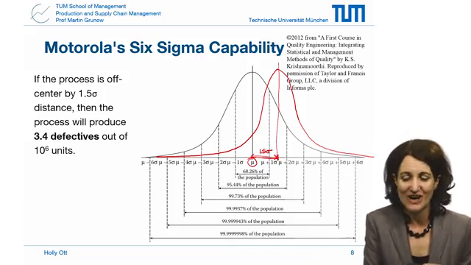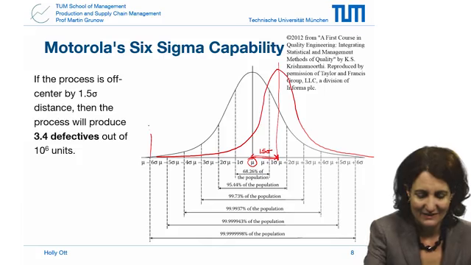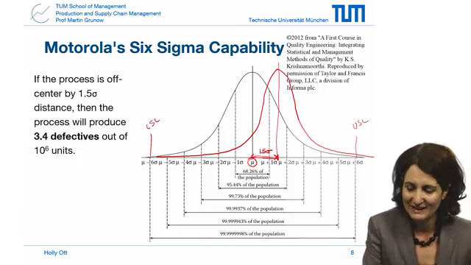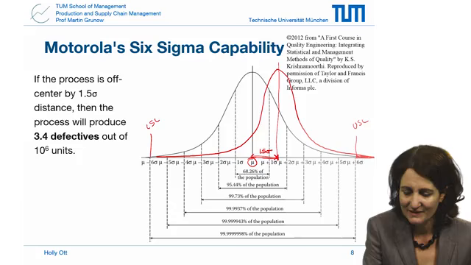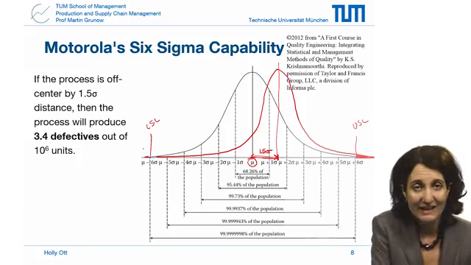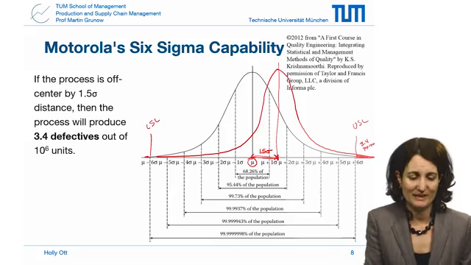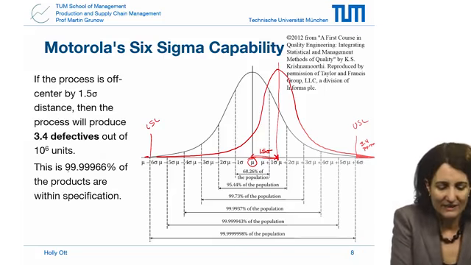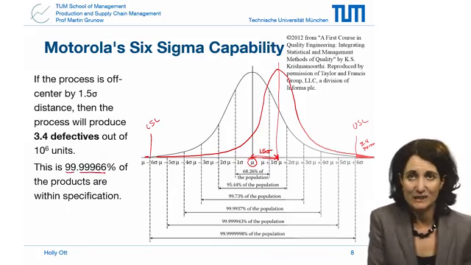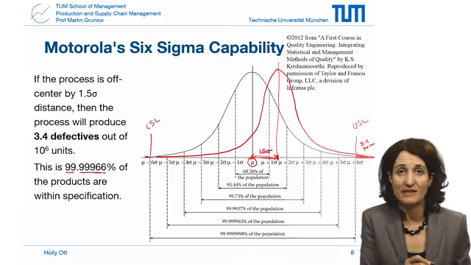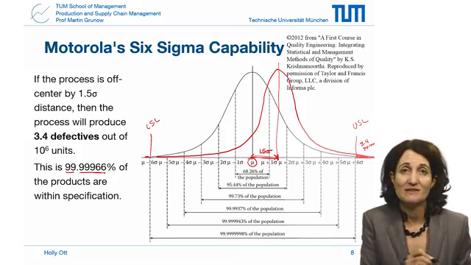Because if the process is off center, with our upper spec limit and our lower spec limit so defined, then what we find is virtually nothing out of spec on the lower side, but we end up having 3.4 parts per million out of spec in the process, meaning that we have 99.99966% of our parts or process or product within the specification, and just 3.4 parts per million out of specification.